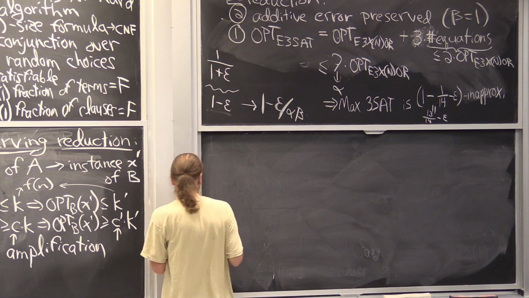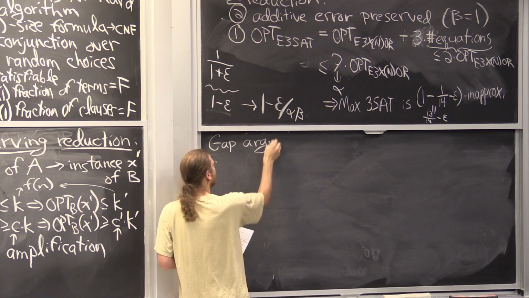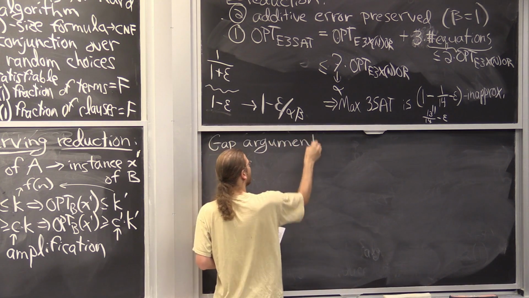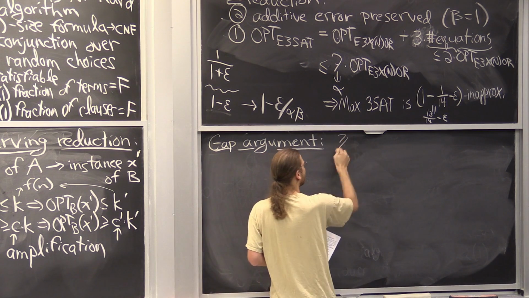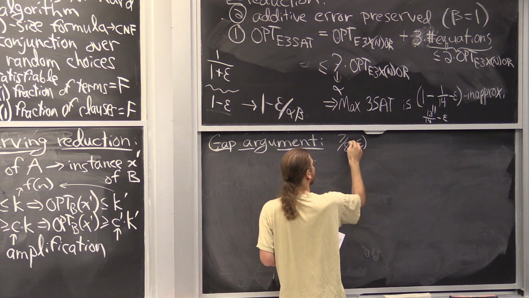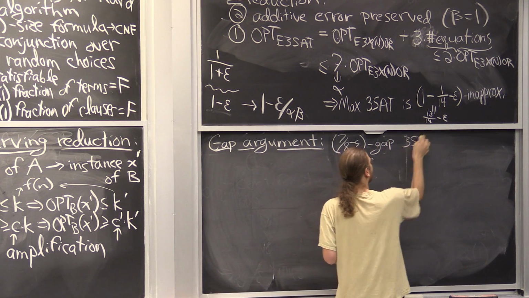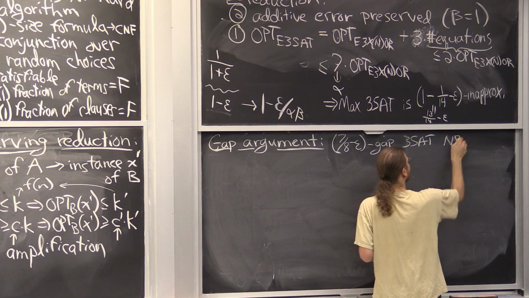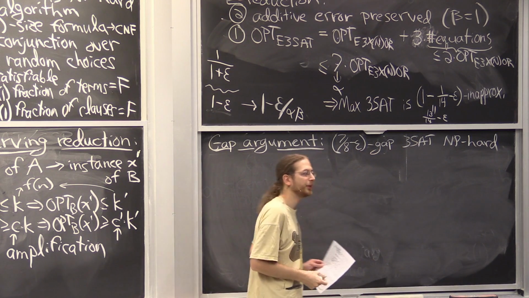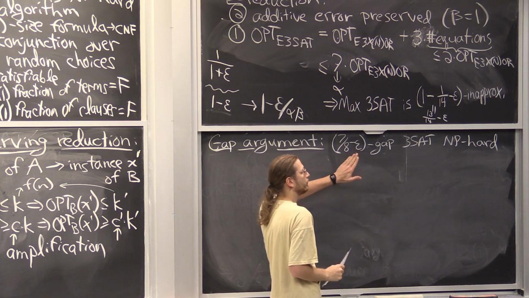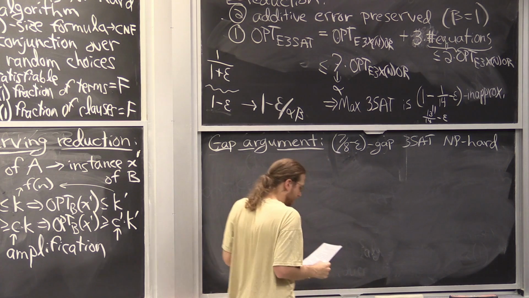All right. So here is a gap argument about the same reduction. What we're going to claim is that 7/8 minus epsilon gap 3-SAT is NP-hard, which implies 7/8 inapproximability, but by looking at it from the gap perspective, we will get this stronger bound versus the 13/14 bound.